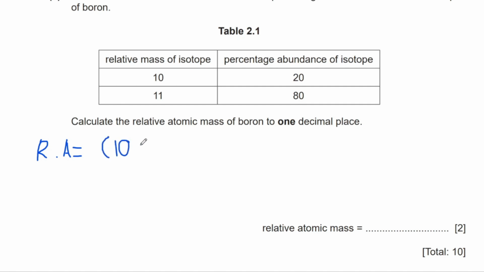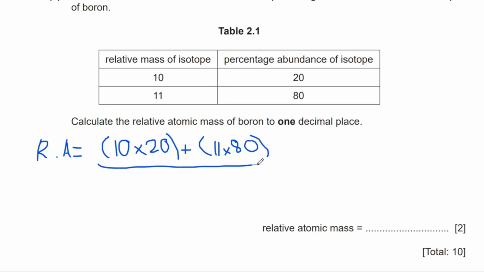So that's 10 multiplied by 20 plus 11 multiplied by 80, bracket close, the whole divided by 100, and our answer would be 10.8.